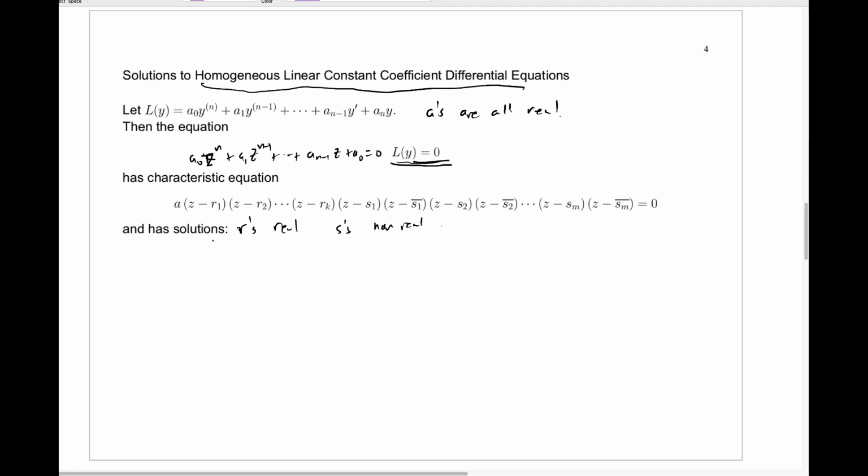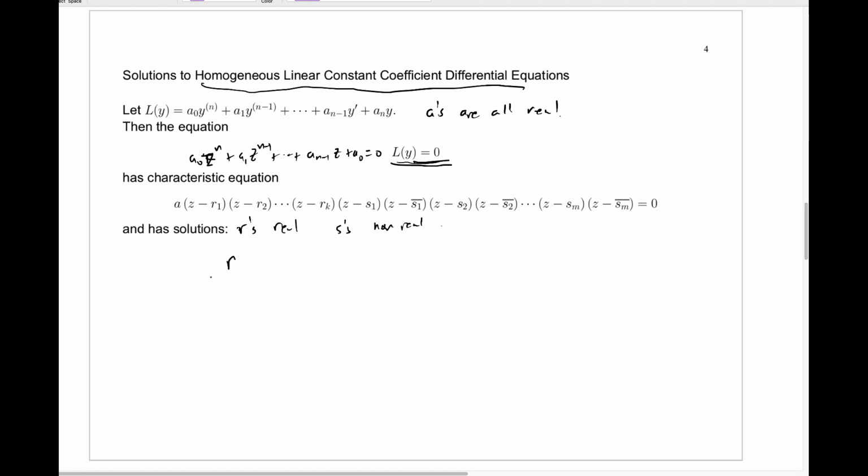Well, the exact same argument we've talked about before tells us that anytime we have a root of the characteristic equation, that means e to that number times t will be a solution to our differential equation. The argument is identical to the one we've seen before.